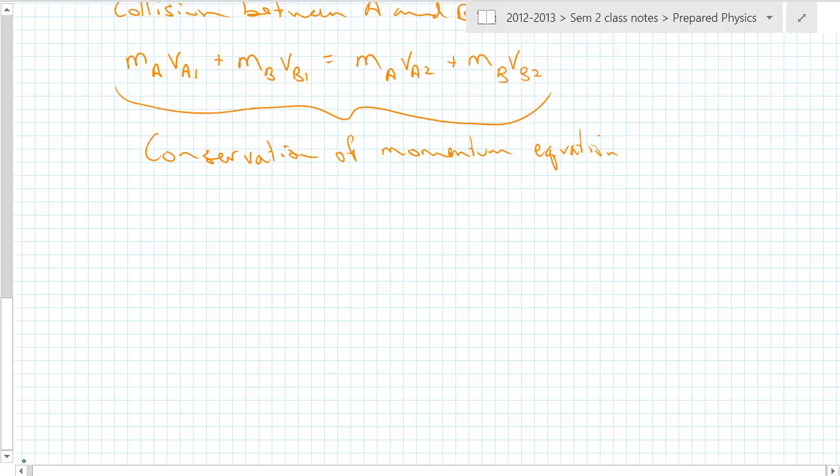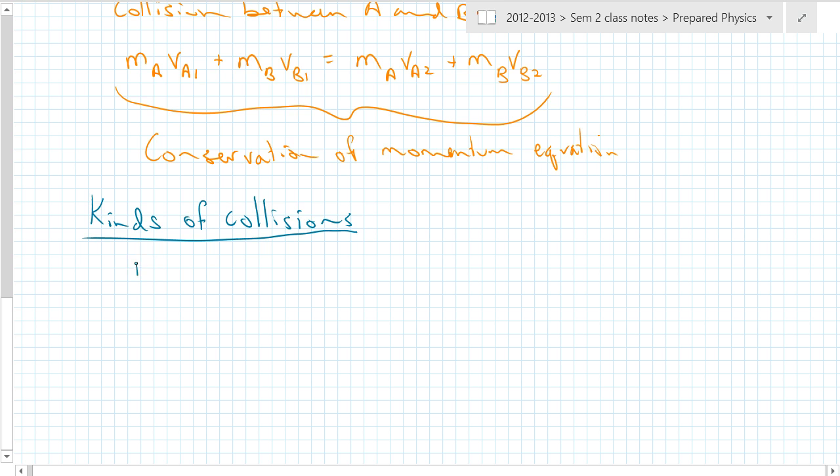Now that we know momentum is conserved in collisions, we're going to look at specific kinds of collisions and see how this conservation of momentum equation applies in particular situations. There are basically three kinds.